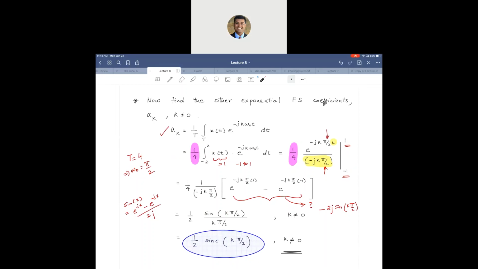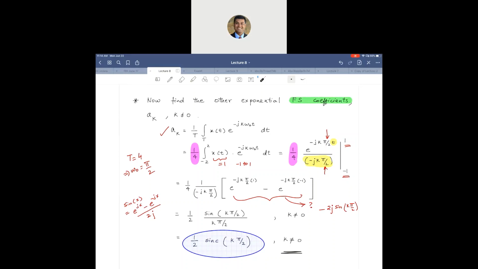All right, so first we found a sub 0, then we went on to a sub k. These are the other exponential Fourier series coefficients, or simply the FS coefficients. I like to denote Fourier series coefficients as a sub k or b sub k or c sub k for different signals.